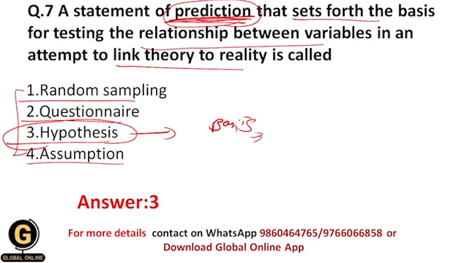All of you getting? And that's why your correct answer should be hypothesis, not assumption, because there is a lot of difference between hypothesis and assumption. Assumption is only the thing which comes after our intuitive thinking, but hypothesis is the proper prediction.